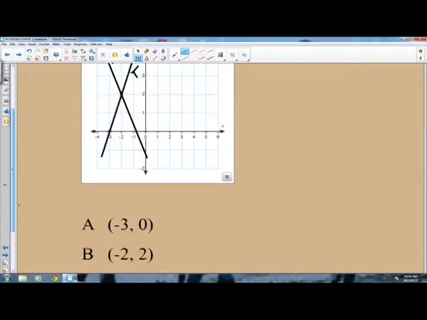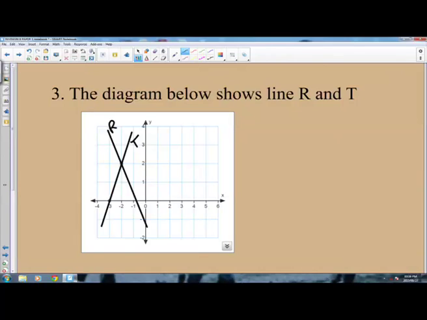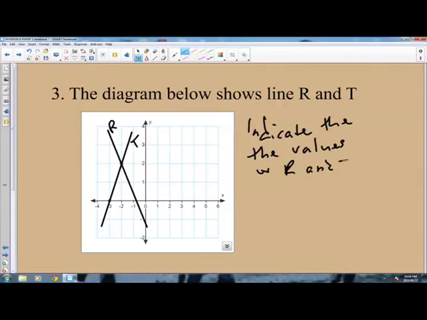And then the question says we are to find the values of x and y which will satisfy both line R and T. You have to indicate the values which will satisfy both lines.